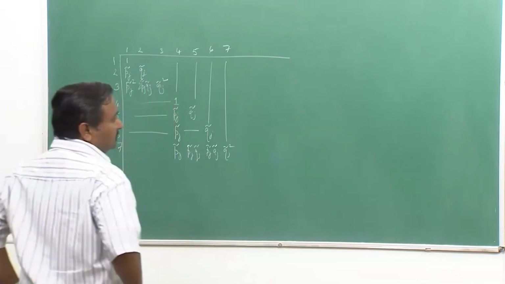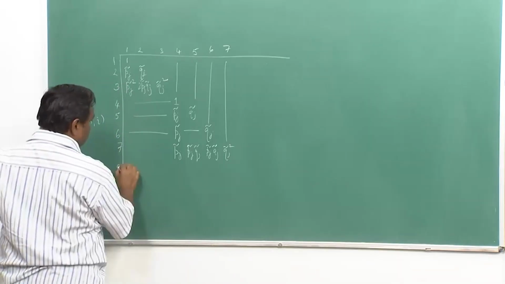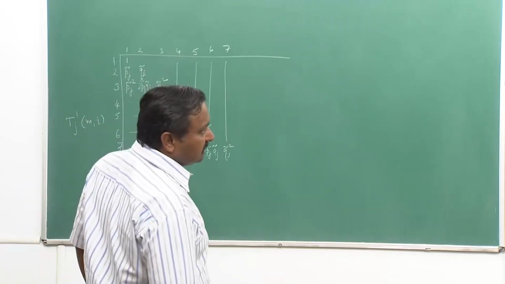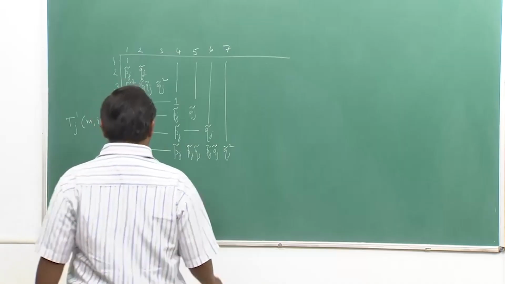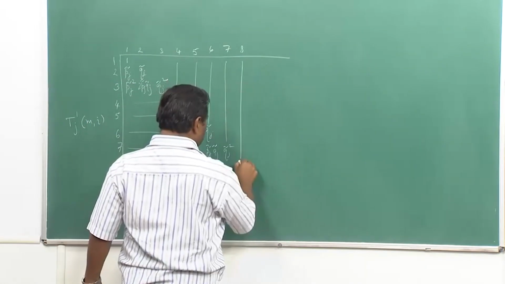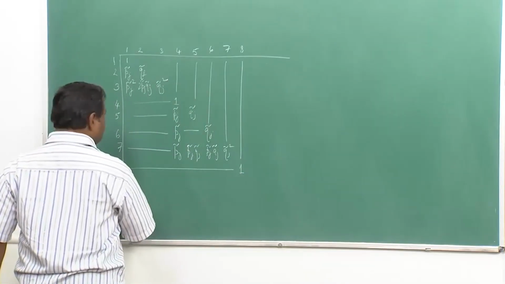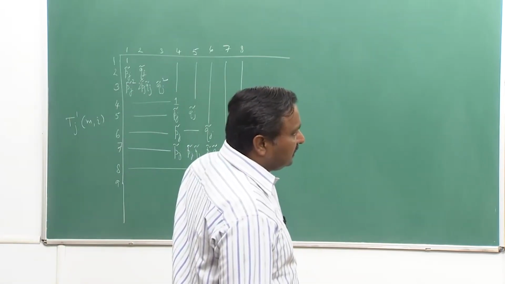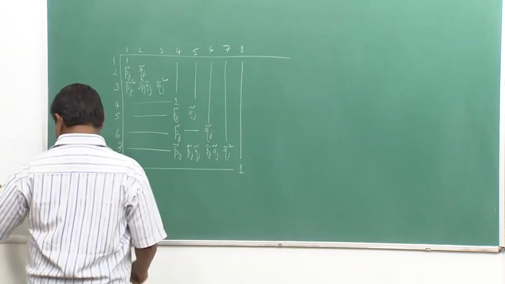Similarly for 8, I can write down. In 8 there is no packet at the outgoing ports, so it will always remain in 8 with surety. With the 9th state, again there are no packets, it will remain in the 9th state.